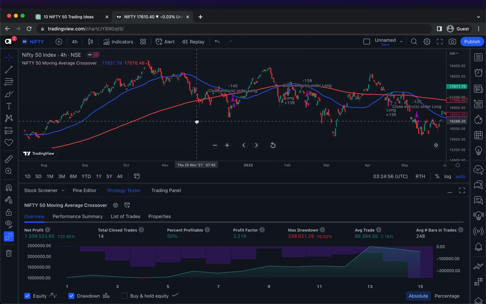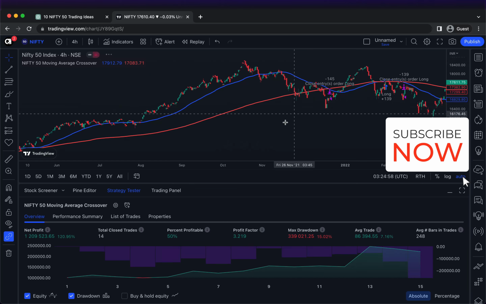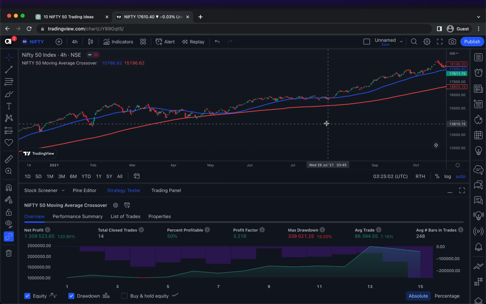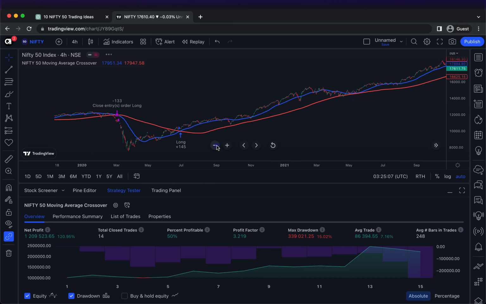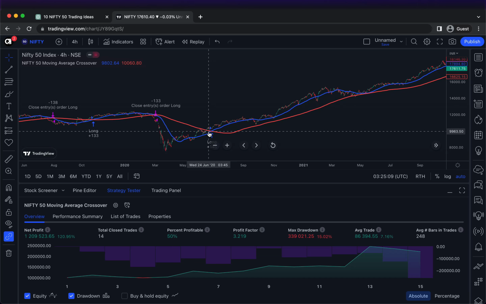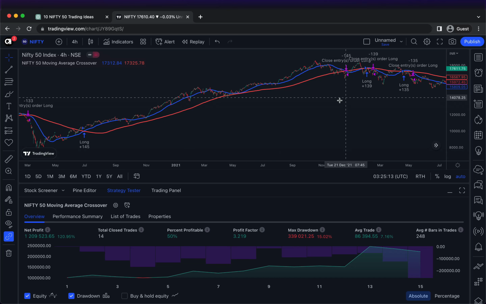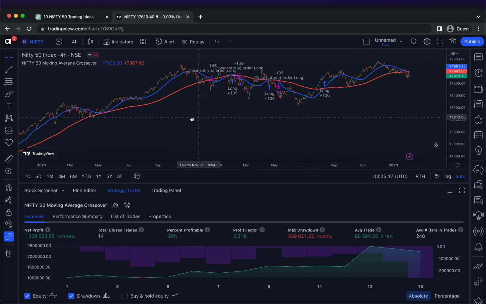And when the blue line crosses the red line from below, that's the signal for buying the asset, right? For buying the NIFTY. And when the blue line is crossing the red line from above, which happened somewhere here, yeah, here we're selling. So here we bought, we're keeping it, and here we sold.